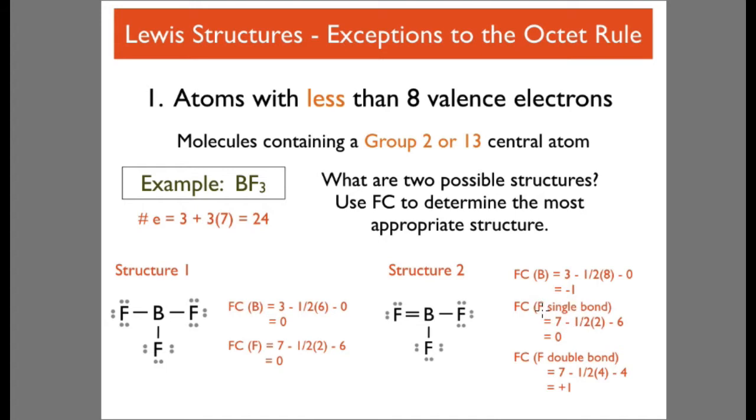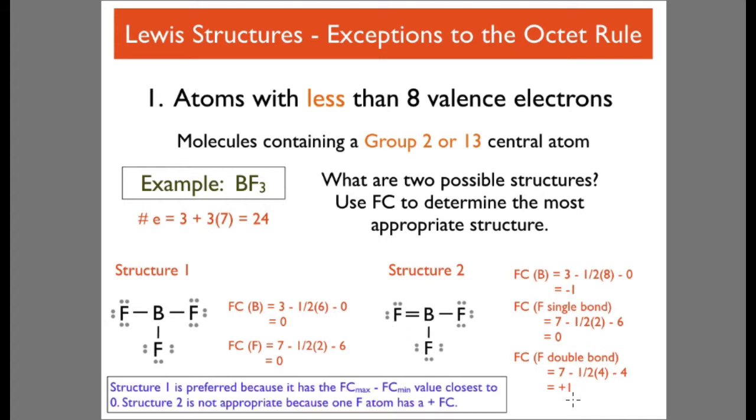The formal charge for the fluorine, the single bond, is 0, but the formal charge on the fluorine here, the double bond, my pen isn't working for some reason, is +1. Structure 1 will be preferred because it has a formal charge difference closest to 0, and structure 2 isn't appropriate because one of the fluorine atoms has a positive formal charge, and remember, fluorine is the most electronegative atom.